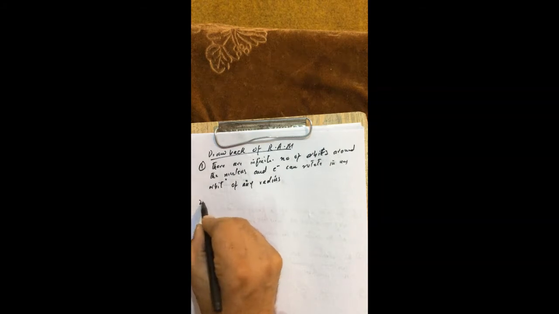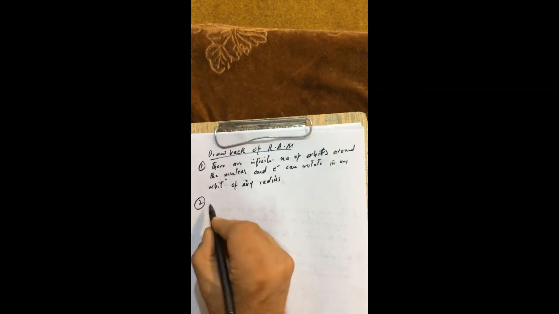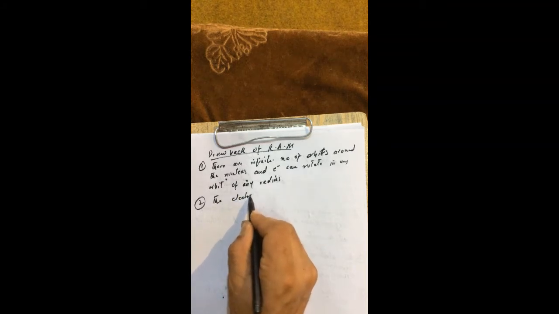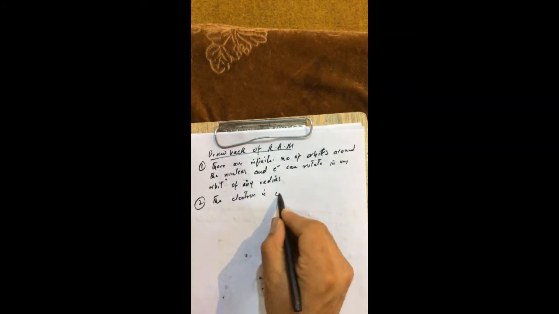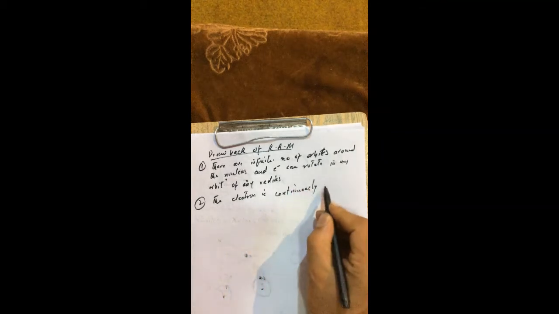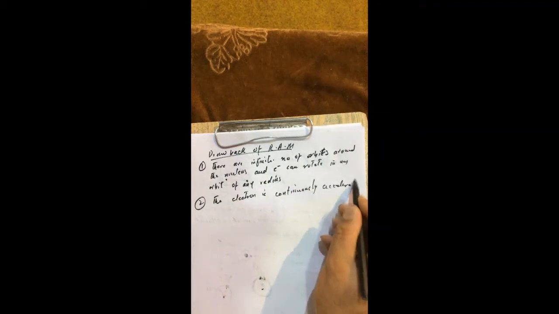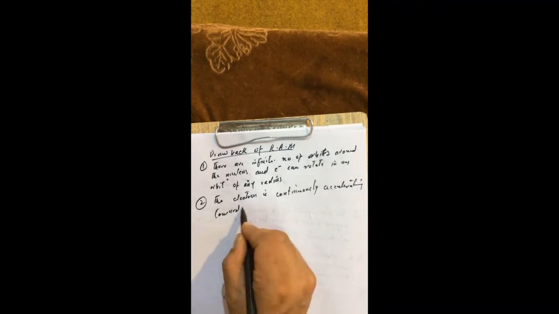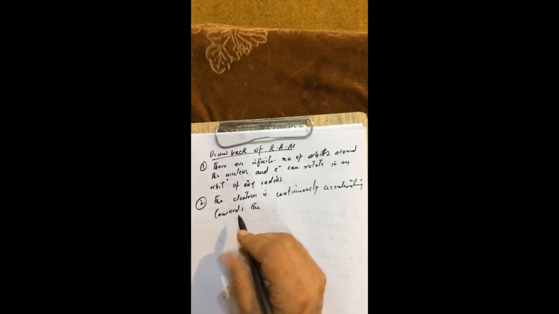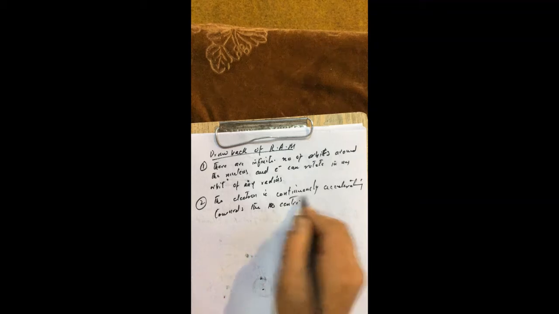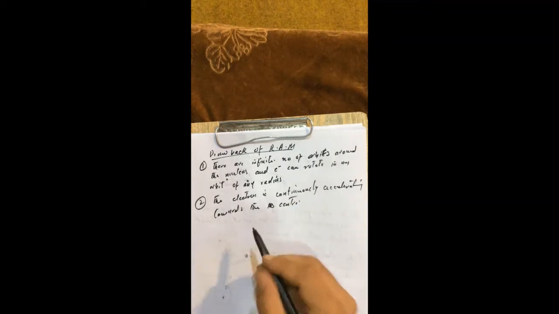And the second drawback of this model was that the electron is continuously accelerating towards the nucleus, towards the center. So if electron is continuously accelerating, then what does it mean?